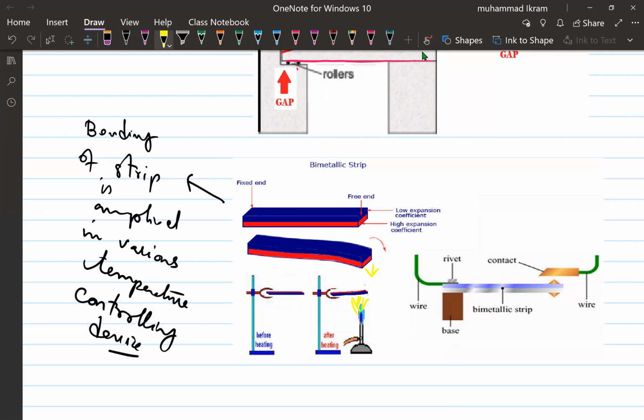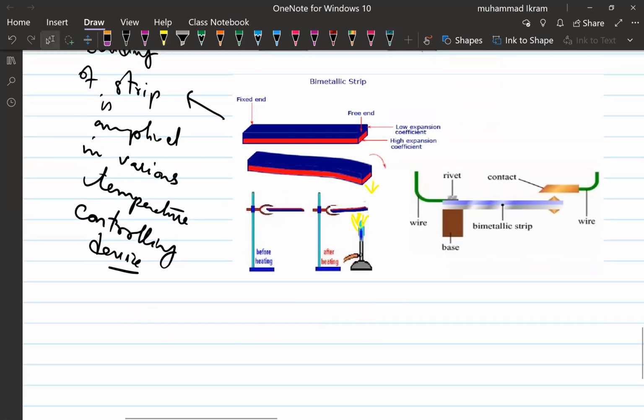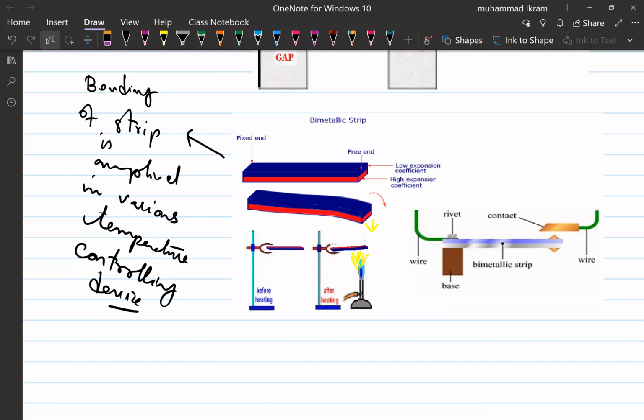This bending is then used in various applications, for example, to make or break a circuit, for example in controlling the temperature of an electric heater, right? You can see this in your book also. So this can be used as a thermostat.